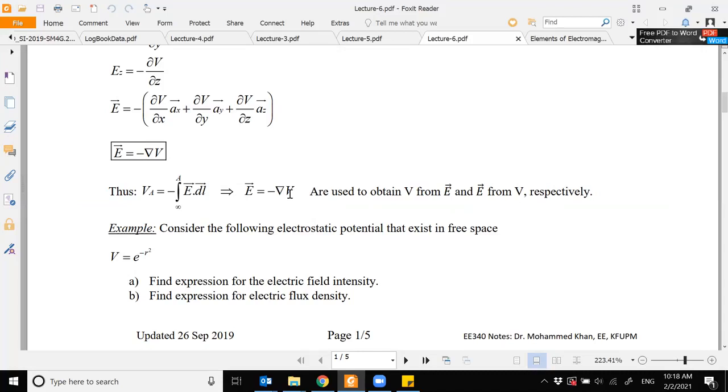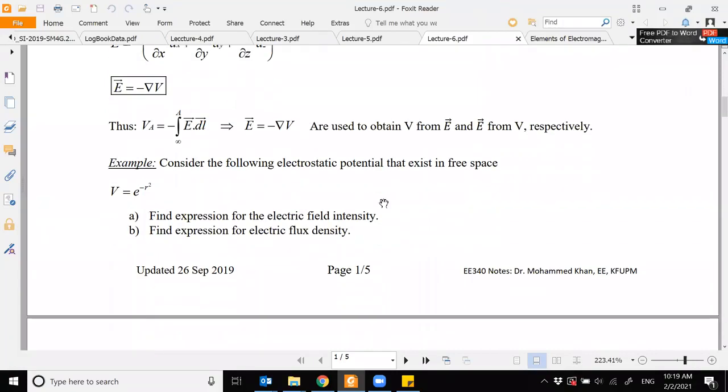Because potential is a scalar, if you know how the potential is varying in any coordinate system or in any space, then you can find what is the electric field which is responsible for that potential. For that you can use this expression, E bar is minus del V.